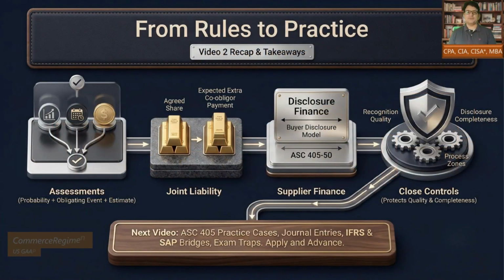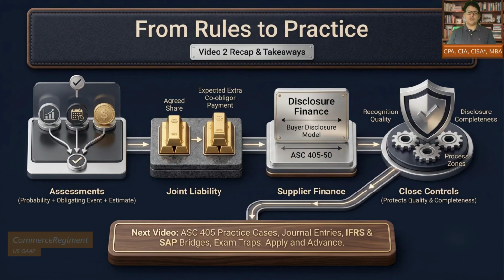Let us recap the four takeaways. Insurance related assessments require probability, an obligating event on or before the reporting date, and a reasonable estimate all at the same time. Joint and several liability equals agreed share plus expected extra payment for co-obligors, not automatically the full legal amount.